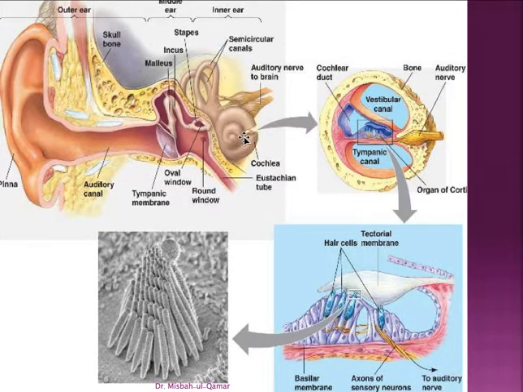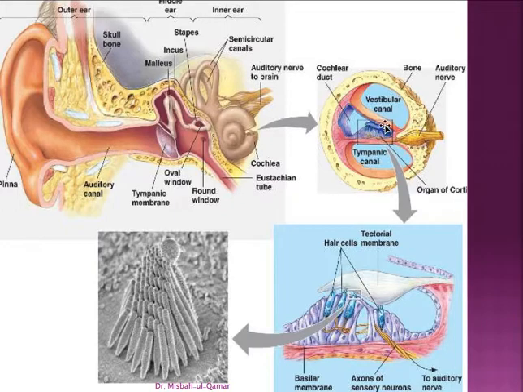If we take a cross section of any part of the cochlea, inside the cochlear tube, inside the canal, we can see that here lies the organ of Corti, and this is the spiral ganglion, which gives off the nerve fibers, and these nerve fibers are going to connect our cochlea with the CNS, right?